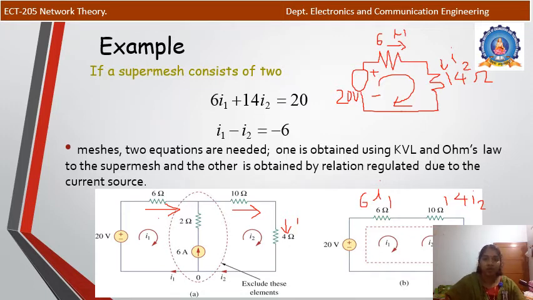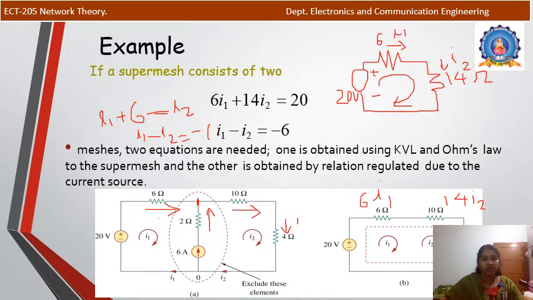So here we apply the KCL at this node. The incoming current is I1, the outgoing current is I2, and the 6 ampere source is also incoming. So we can write I1 plus 6 is equal to I2, or I1 minus I2 is equal to minus 6.